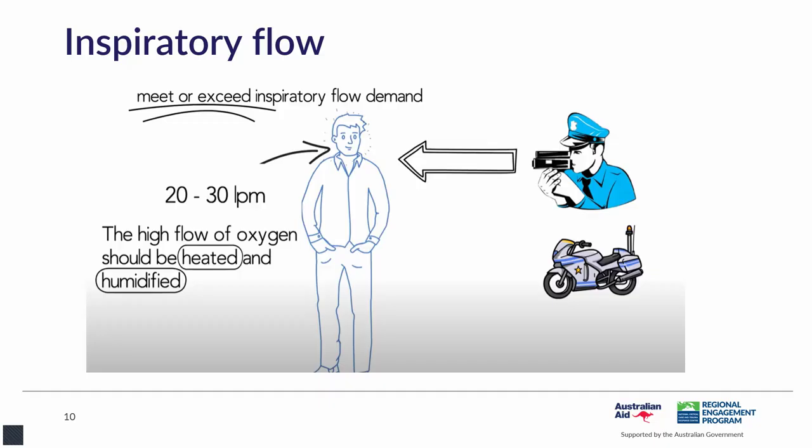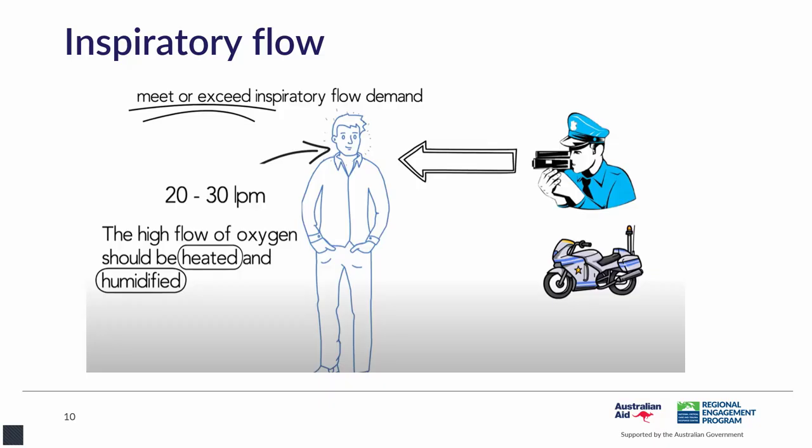In someone who has a lung disease or who is in respiratory distress for a prolonged period of time, their inspiratory flow demand will not get better. It will be sustained at high levels.